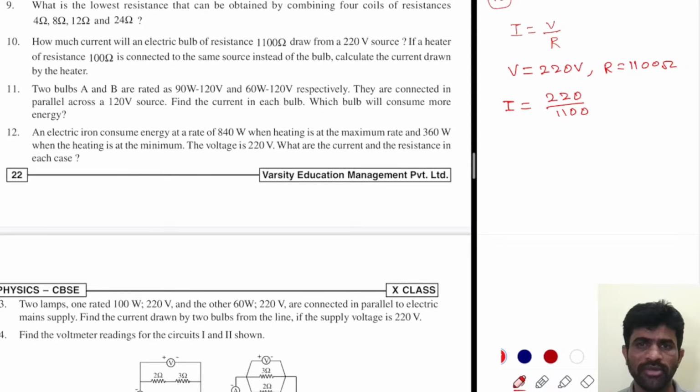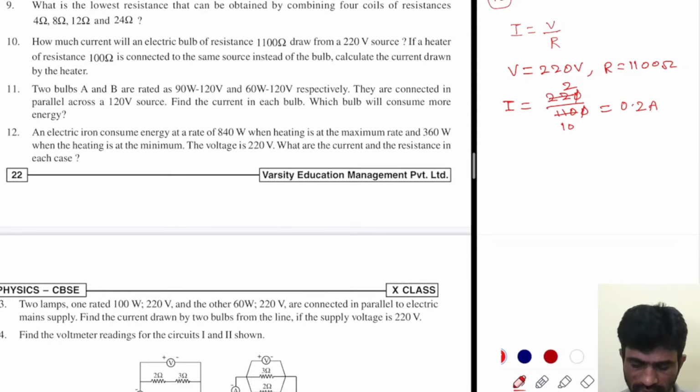So what happens here? 0, 0 cancel. 11 tens are 110, 11 twos are 22. So it is 2 by 10, which is 0.2 amperes in the first case. Current drawn in the first case is 0.2 amperes.